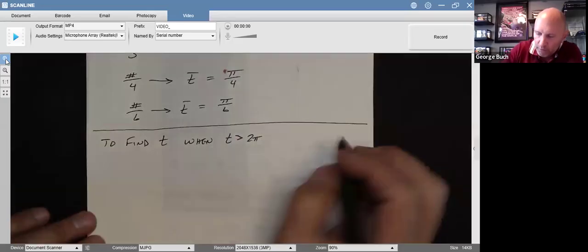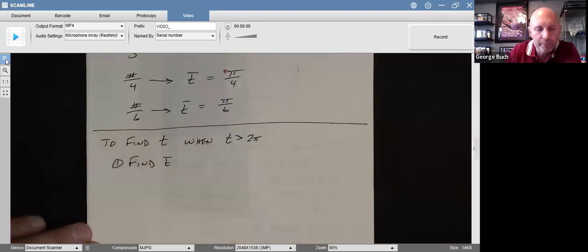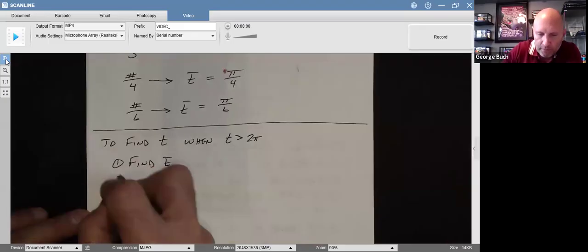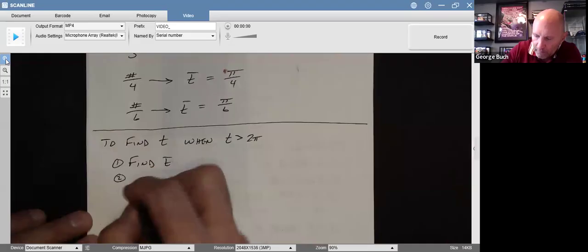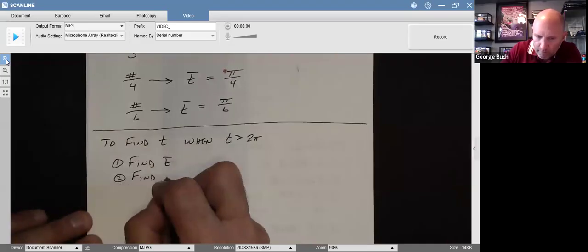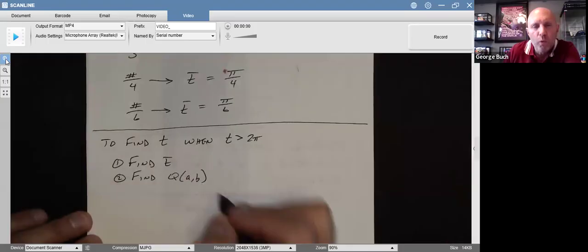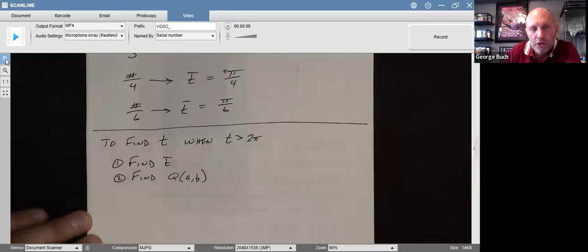First thing we do, find t bar. Well, that's going to be easy enough. And then 2, we find the coordinates, so we'll call it (a, b), determined by the t bar.